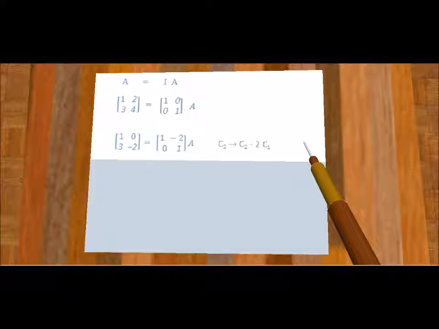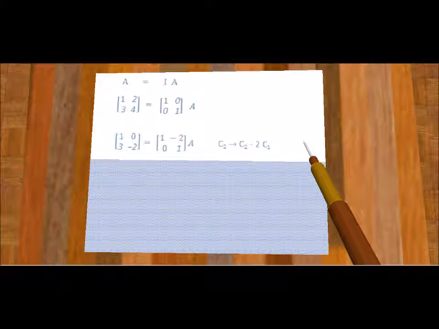And I applied similar transformations on my identity matrix on my right hand side. So 0 minus 2 becomes minus 2, and 1 minus 0 into minus 2 remains 1 only. Okay, now what next?